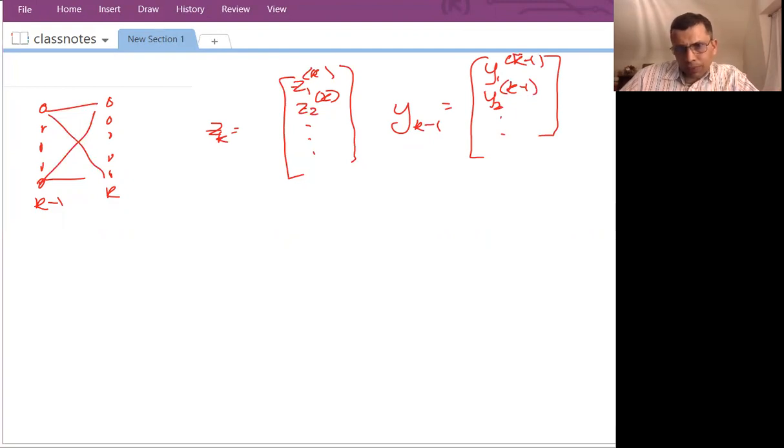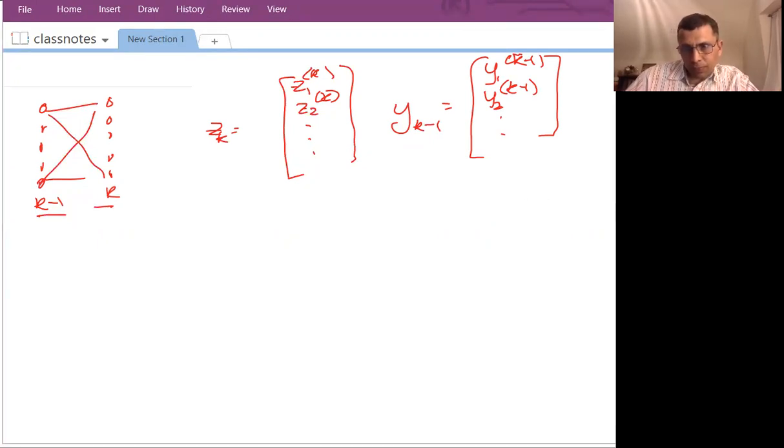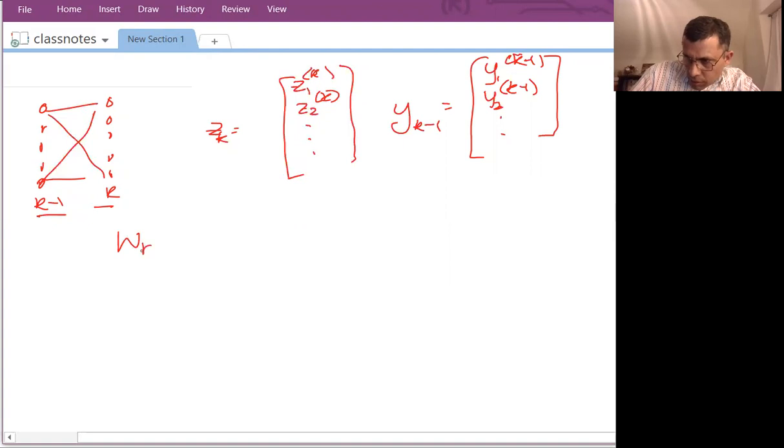And now let me write all the weights which connect the k-1th layer to the kth layer as a matrix. I'm going to write wk is this term here.